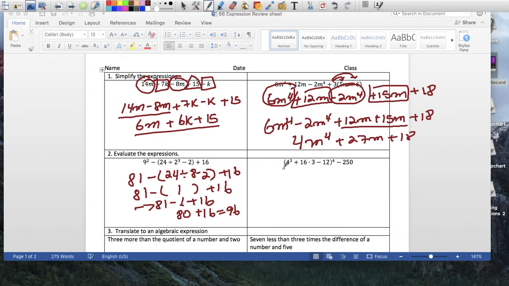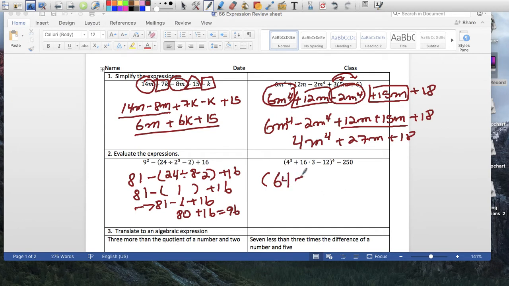Here, so again, let's take care of the exponents. So basically I want to change everything that's an exponent from standard form to a number. So 4 to the third is 4 times 4 times 4, which is 64.